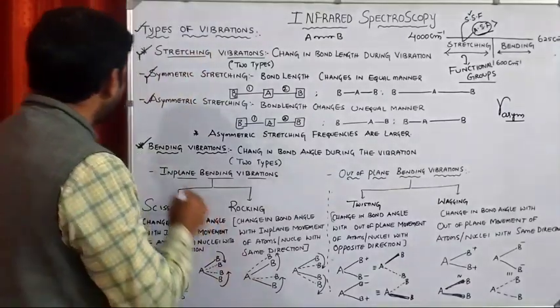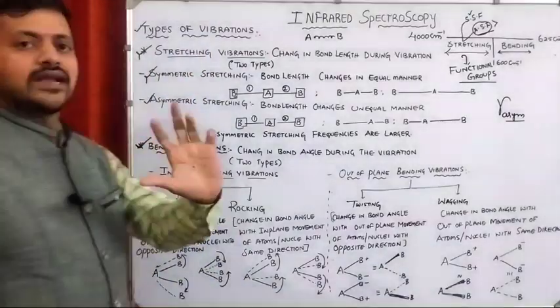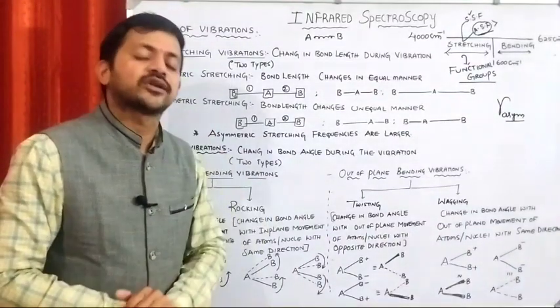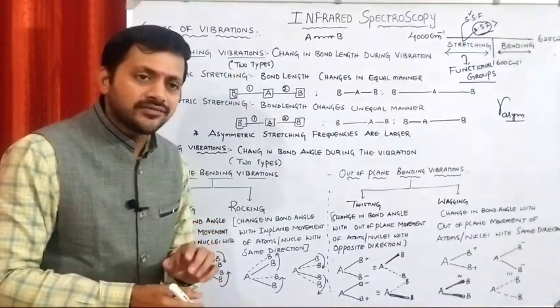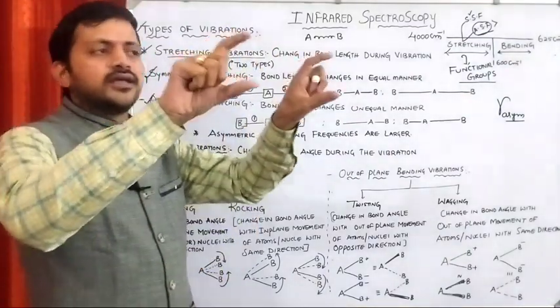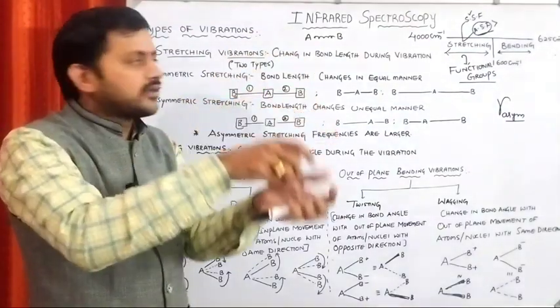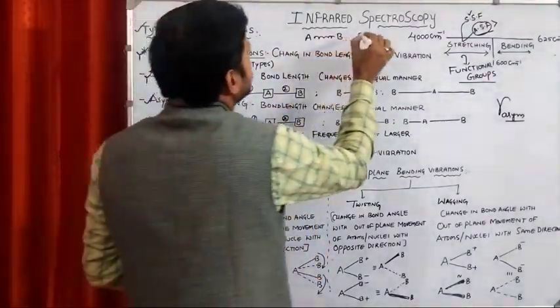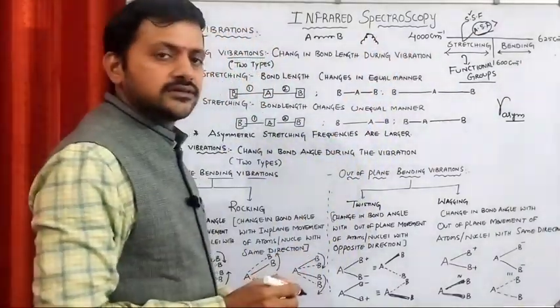Okay, now come to the next one. This is what? Bending vibration. Second type of vibrations in IR spectroscopy is what? Bending vibrations. The name itself indicates we have a spring. If the spring is subjected to bending, what will happen? You have a spring. If the spring is subjected to bending, what happens?